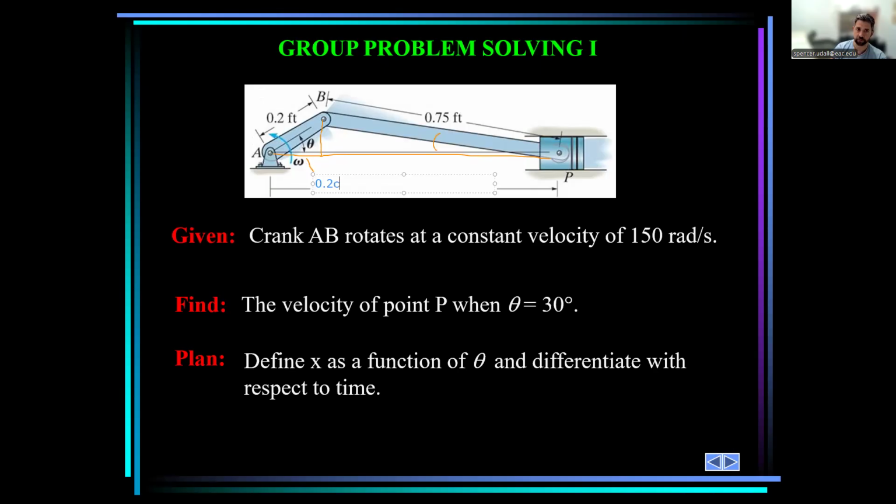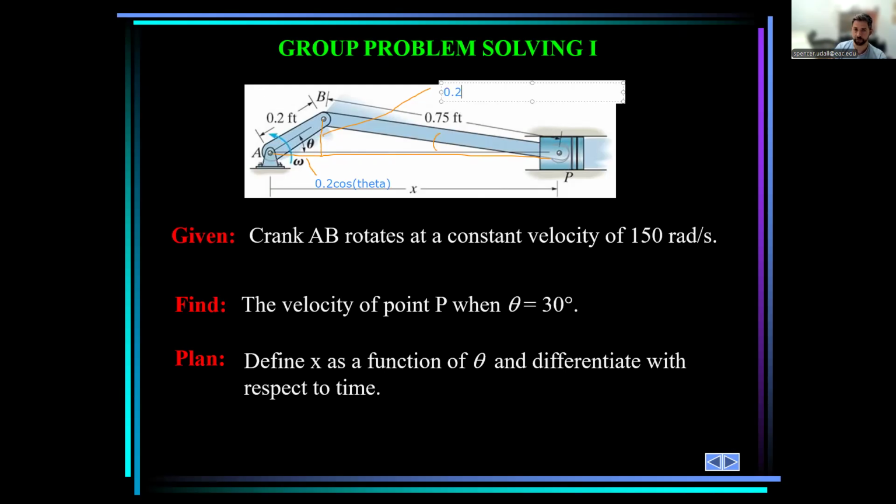Be 0.2 cosine of theta. So if we know that one, then we just need this one. And this one, if we said that this side over here is 0.2 sine of theta, right?